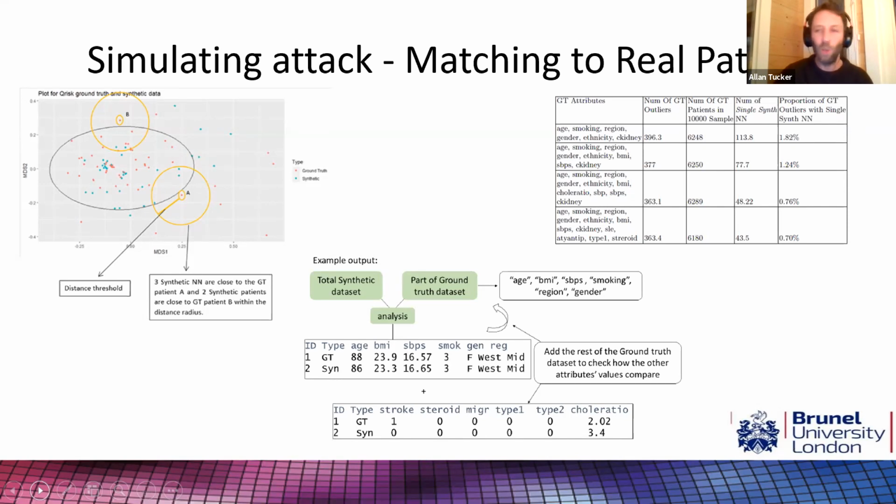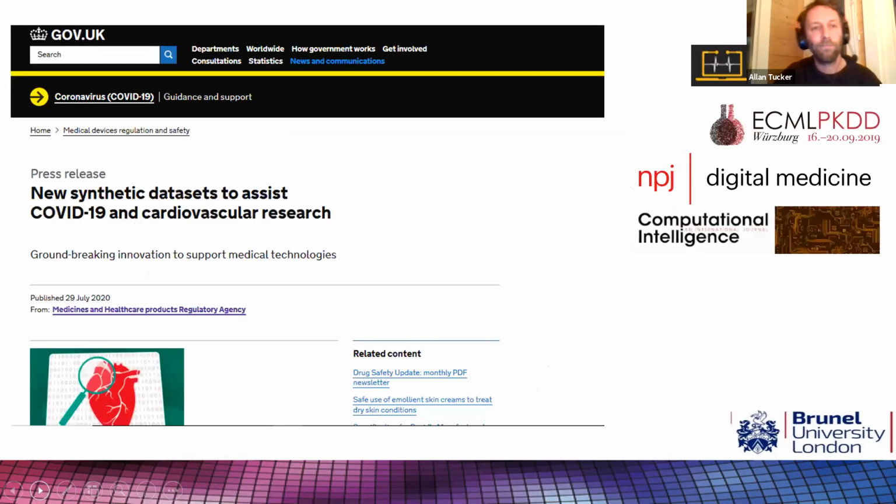So it's still not a smoking gun that we've actually found a match there. And so we were quite impressed actually at how difficult it proved to be to identify individuals when you have large samples of ground truth data.